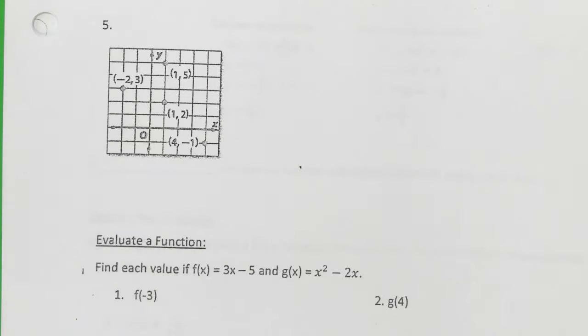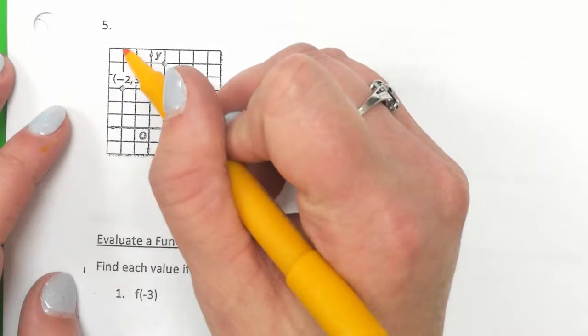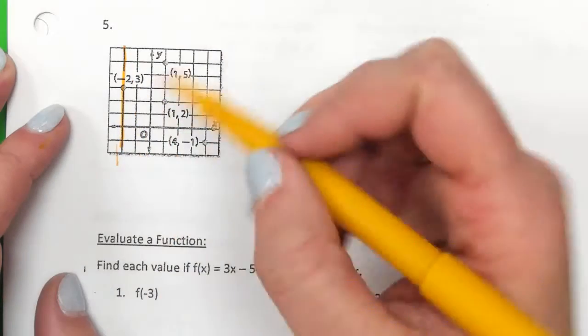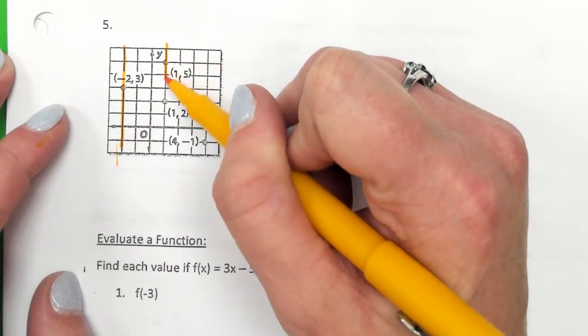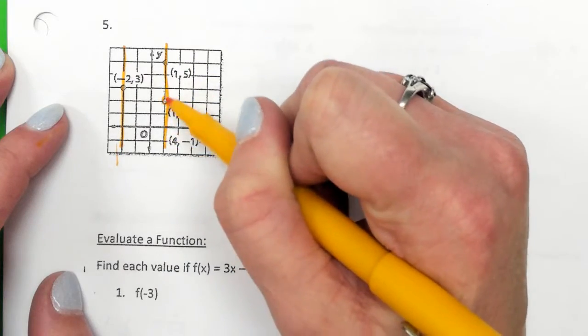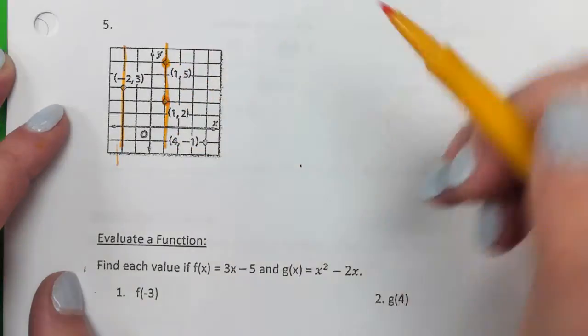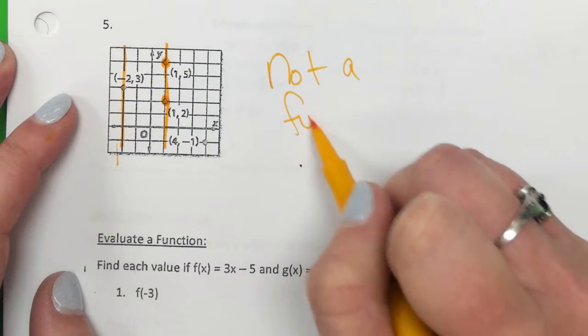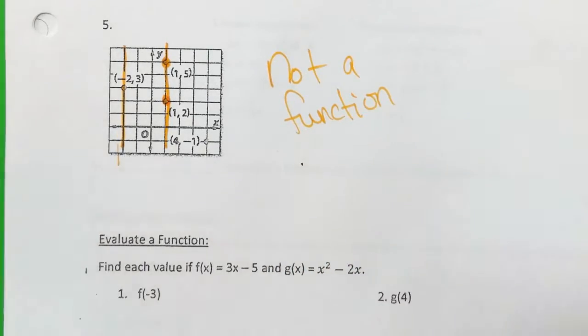All right, so when you draw a vertical line, how many dots can be on that vertical line? Just 1. All right, here we go. So let's draw a vertical line here. How many dots hit that one? 1. Let's draw one here. 2. Oh, we got 2 of them. 1 there and 1 there. So is it a function or not a function? Not a function. There you go. Are y'all okay?